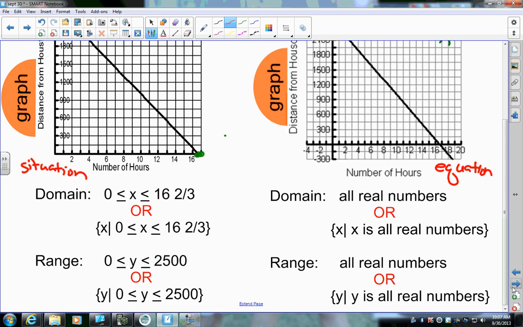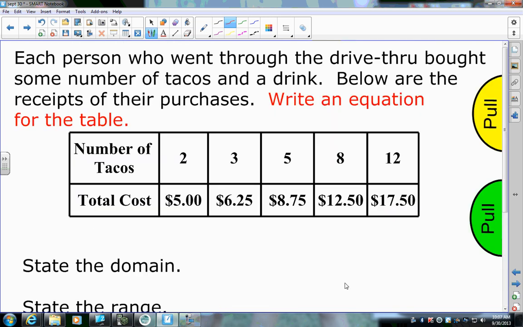Okay, now, looking at the next one, it says each person went through the drive-through, brought some numbers of tacos and drink. Below are the receipts of their purchases. First, it wants us to write an equation for the table.